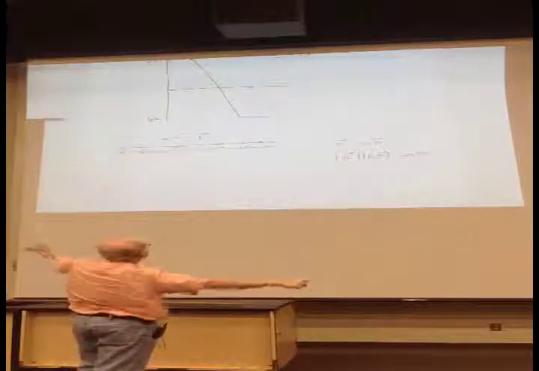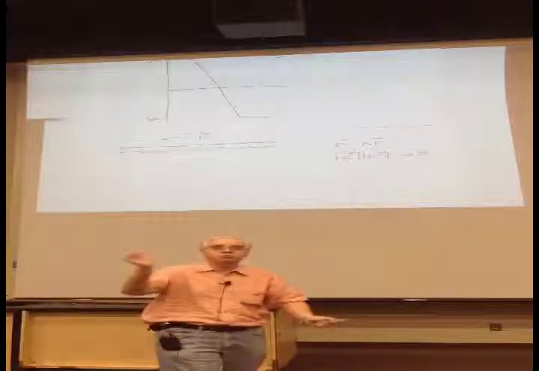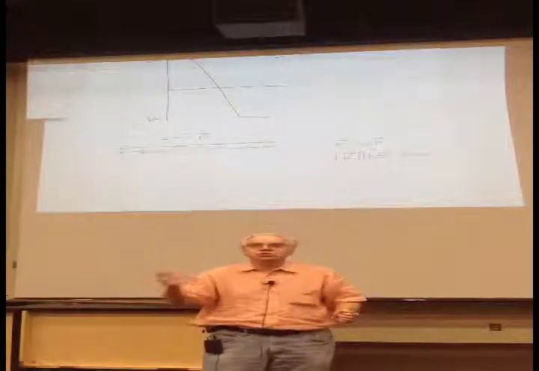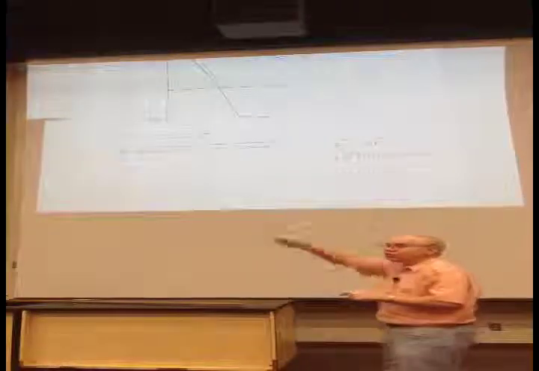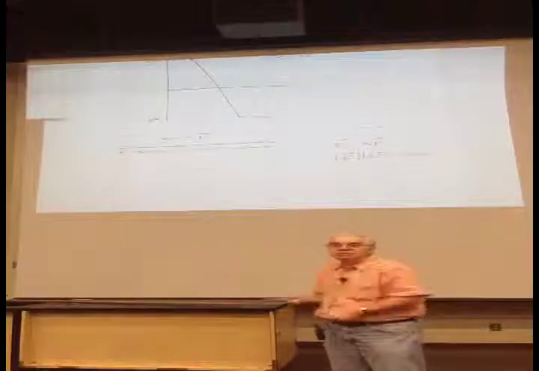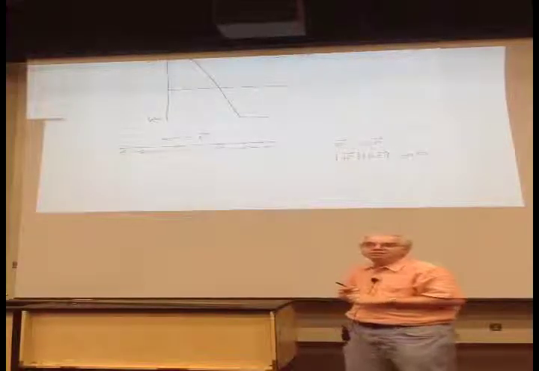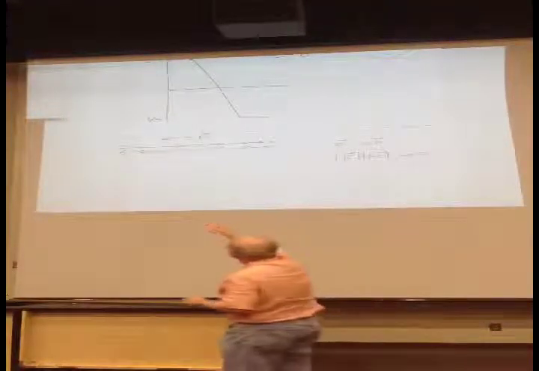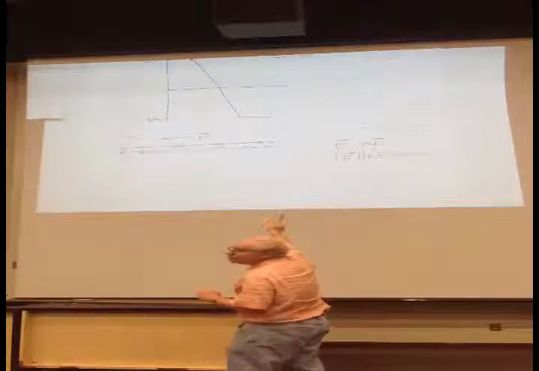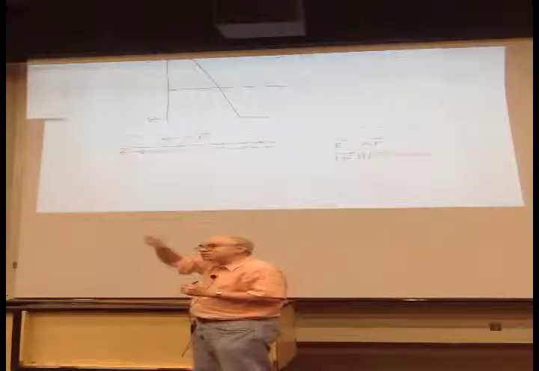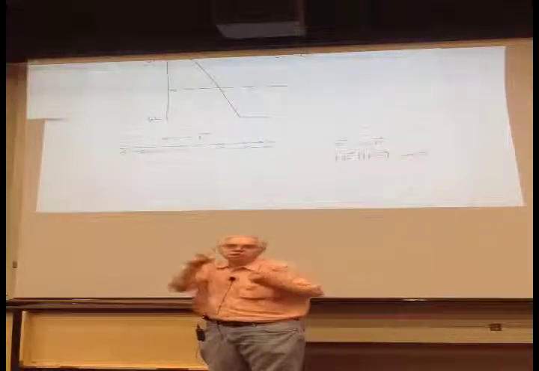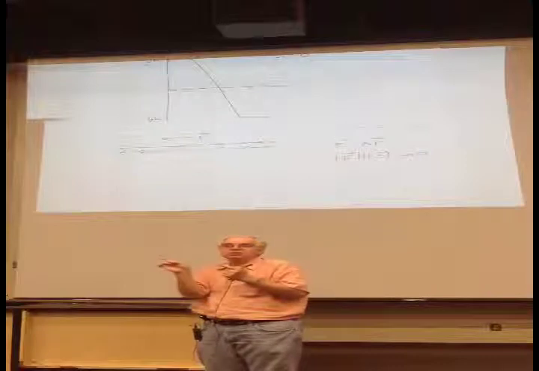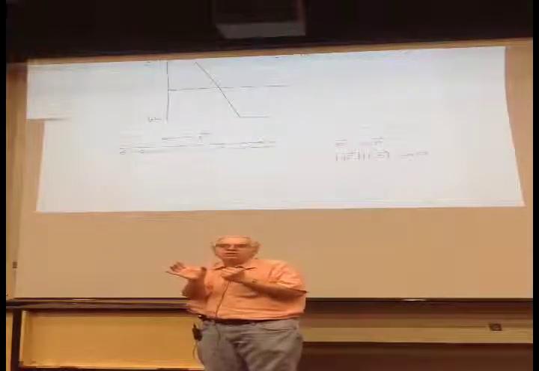So the work is negative, the first part, because the force is opposing the displacement. So the first part of the motion has negative work. But now when the thing stops and starts moving to the left, now the force and the displacement are in the same direction. And the work you do is positive. So you will do negative work all the way up until it stops, and then you do positive work. The total amount of work you do happens to be 0, cancel out. So you have completely reversed the direction of motion, but you haven't done any work.